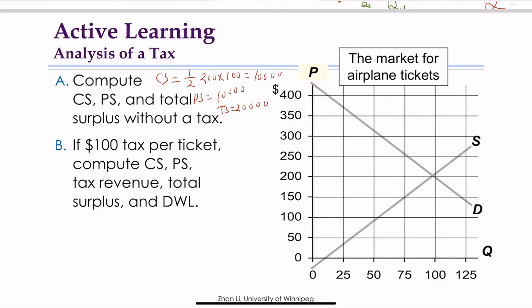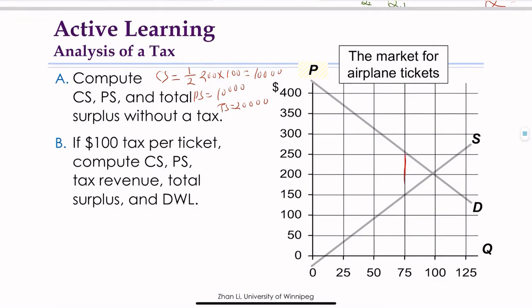We need to find a wedge, and the length of the wedge is equal to 100. And you can see that it should be here. Under this tax, the price paid by the buyer would become $250, and the price received by the seller would become $150. And quantity would decrease from 175.